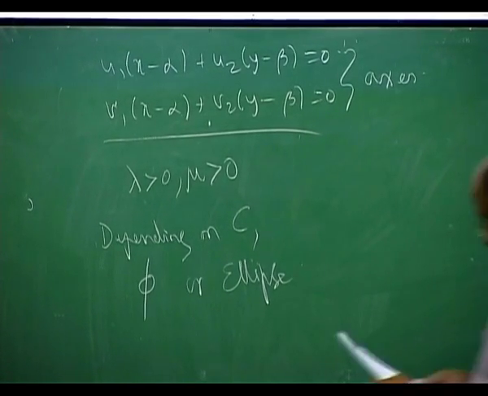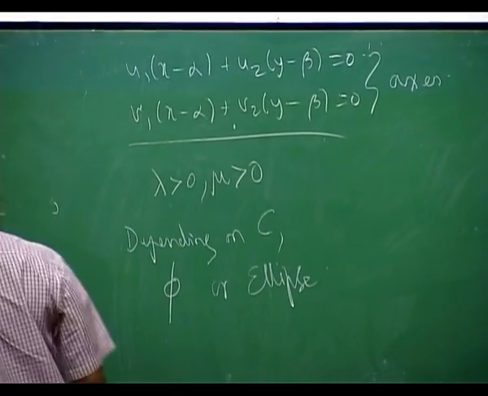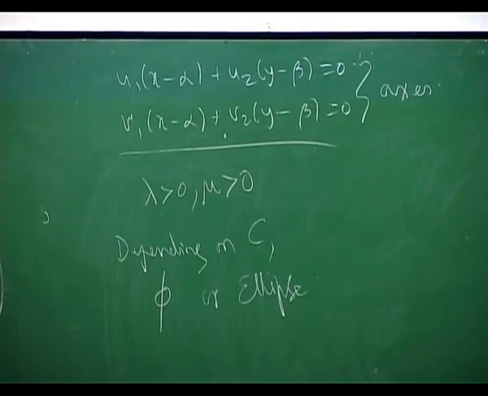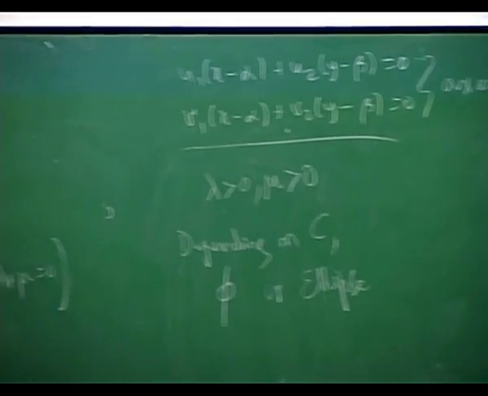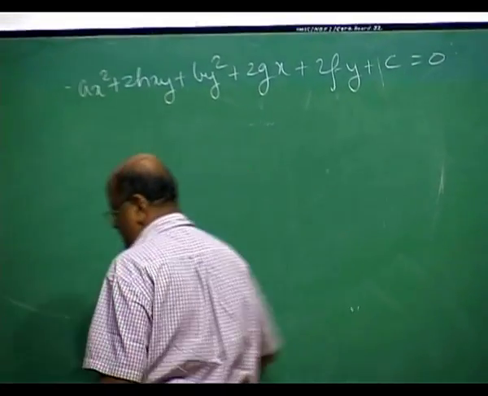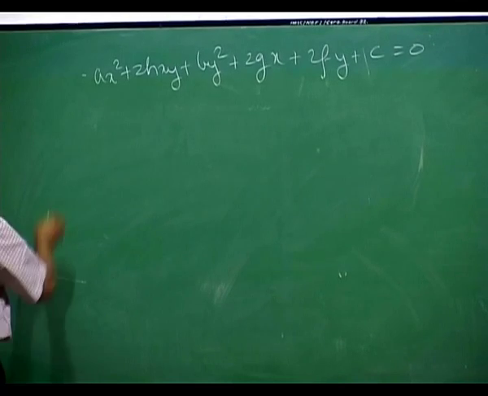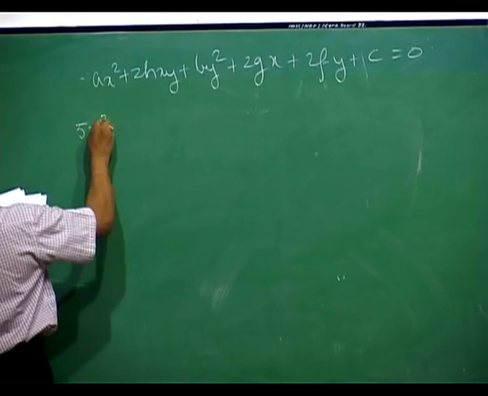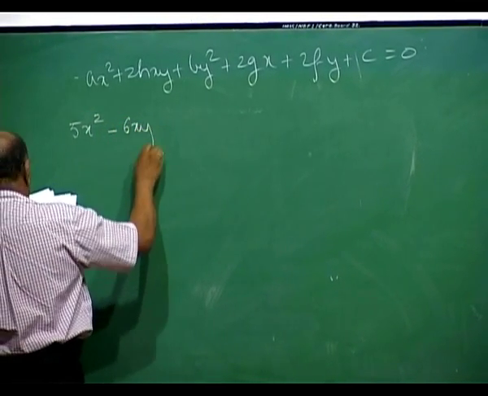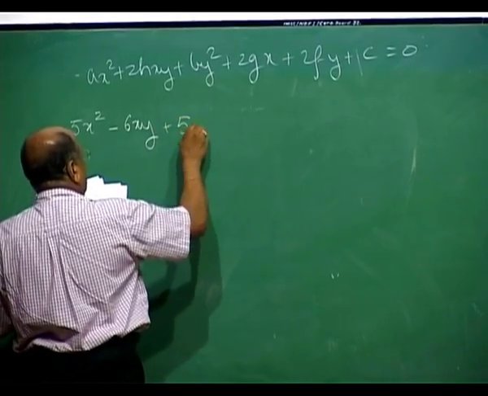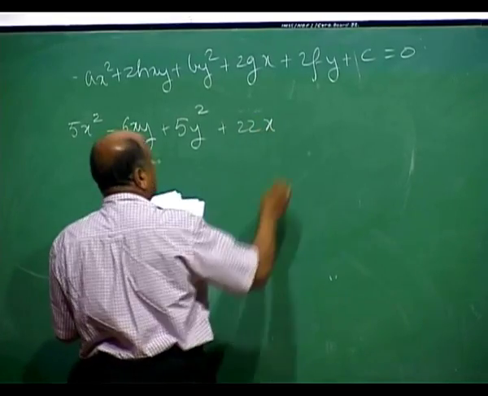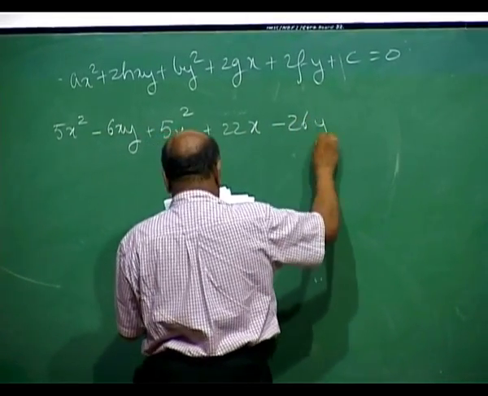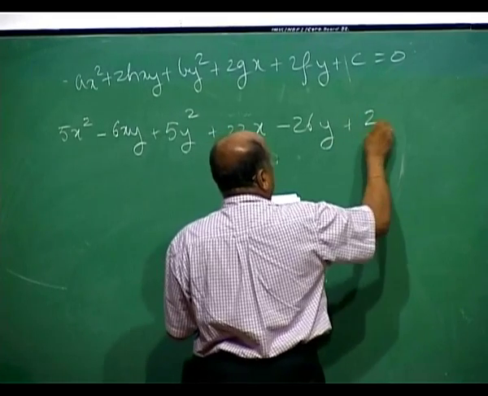So let's do one example. After all, it's high time. So let us look at 5x square minus 6xy plus 5y square plus 22x minus 26y plus 29.